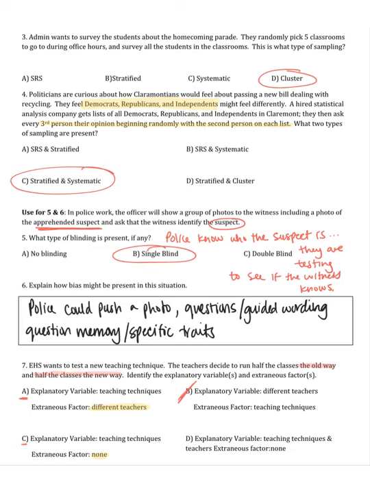Okay, we can eliminate that because there's definitely going to be extraneous factors. Definitely. There's definitely going to be some. And this one is extraneous factors, none. Well, there's no way we're going to say none to extraneous factors. Oh, that's because they said teaching techniques and teacher variety. That's a no. So then we're left with A.